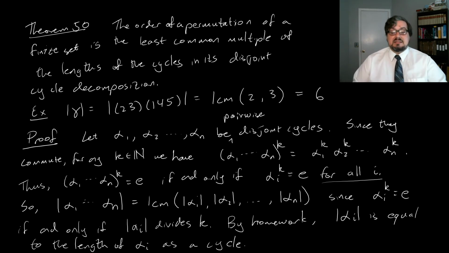So this does take some work, but that's part of your homework. It turns out that the order of any cycle is just equal to the number of elements in the cycle. So the order of the cycle (1, 4, 5) that we had before is 3. The order of the cycle (2, 3) is 2. And so that gives us the end of the proof here.